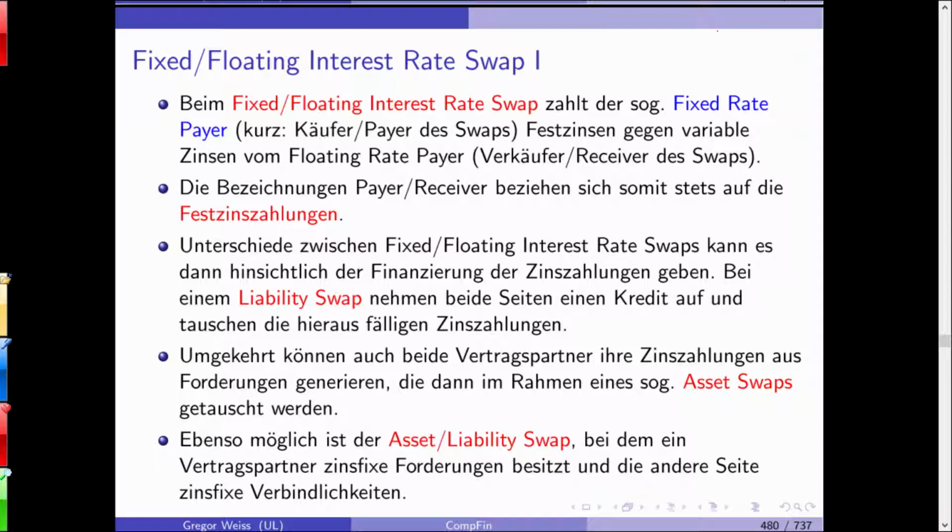In other cases you have a liability, for example, you have taken on a loan and you have to pay interest on that loan. So we are distinguishing liability swaps, asset swaps and asset-liability swaps, depending on which underlying assets or liabilities those interest rate payments come from.